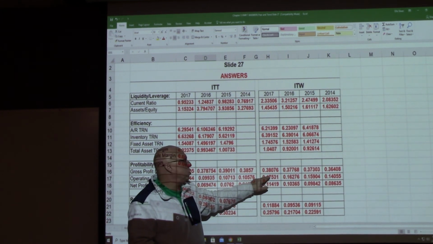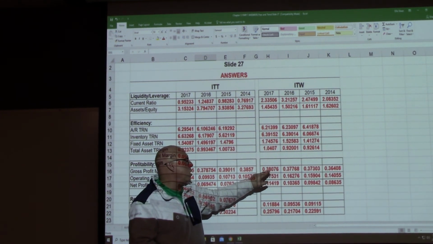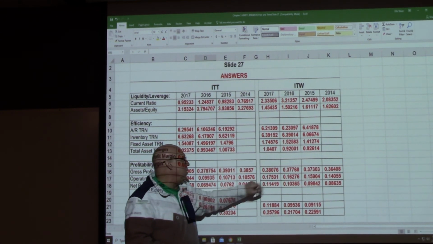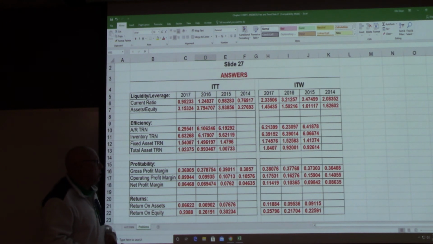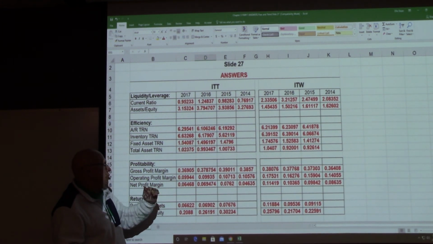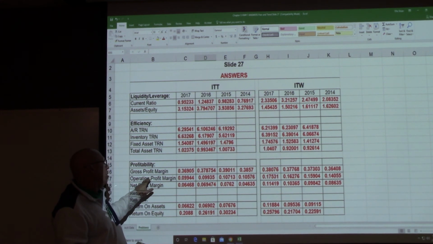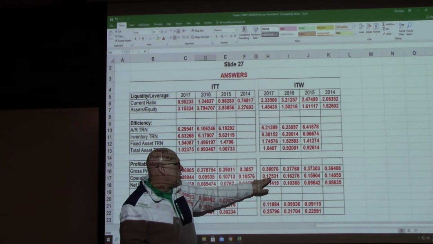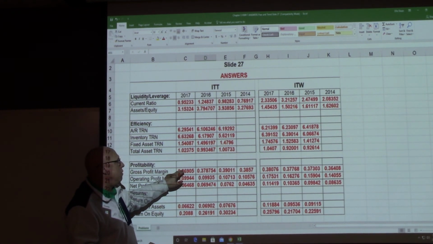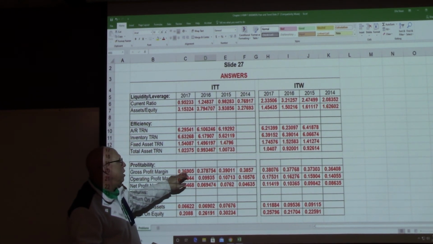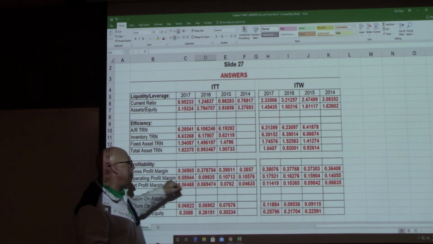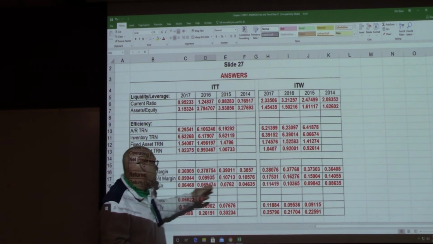In other words, depreciation and SG&A are lower at ITW than at ITT as a percentage of sales. So it is huge. This is a huge swing for ITW and ITT to have a similar gross margin. ITW's gross margin is a little bit higher, but their operating margin is much higher.